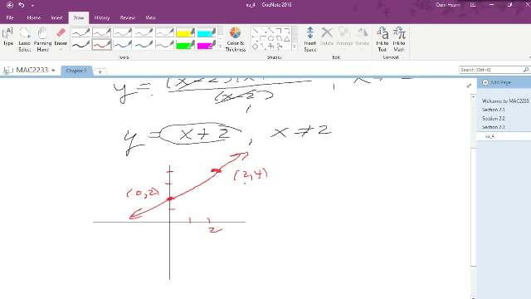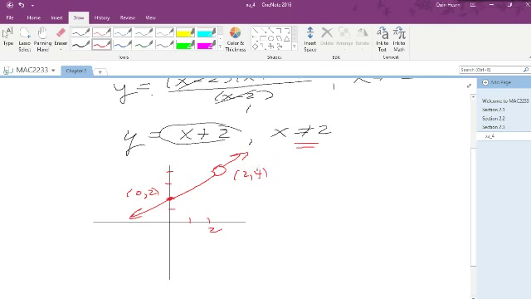All right, now remember we were saying x is not allowed to actually equal 2. There's an open dot right there at (2, 4). It would have been 4 if it were allowed to equal 2, but it doesn't actually reach 4. So this is a hole in the graph.